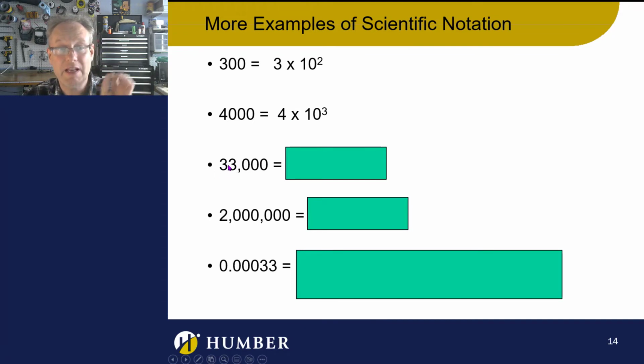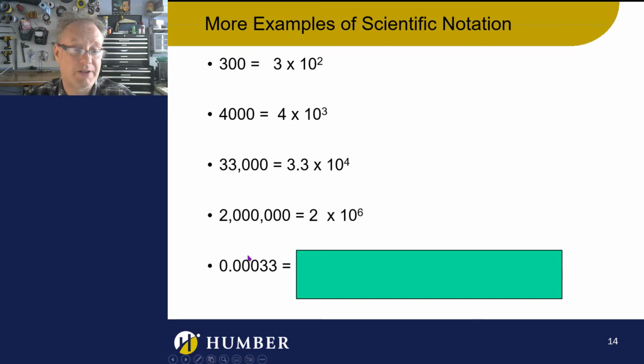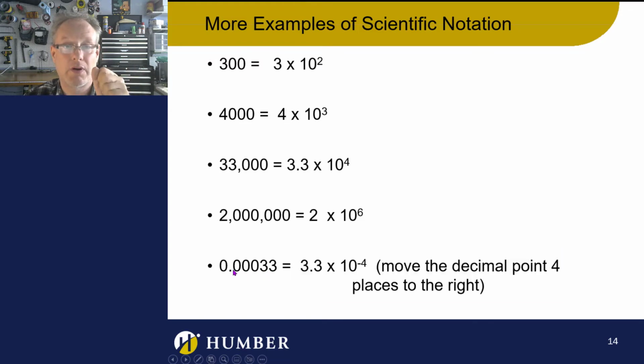Over here, I'm putting the decimal here. So it's 3.3 times 10 to the 4 because I have to move it 4 times. Over here, it's 2 times 10 to the 6. Nice. Okay, well, this is a good one. So that's 3.3, but I have to put the decimal here. So that's 1, 2, 3, 4, minus 4. Okay, 2 of these are engineering notation.